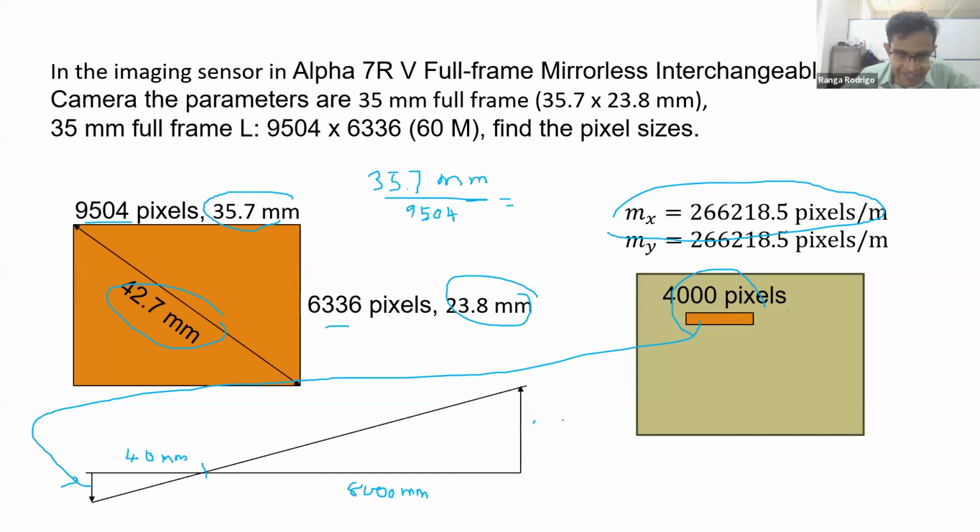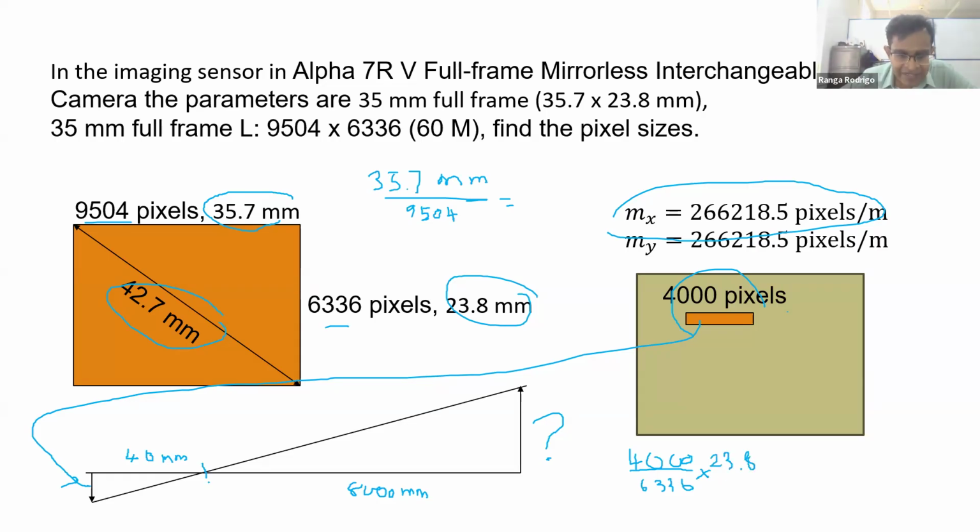What is the size in the scene? So the 4,000 pixels, you have to convert to millimeters, right? And then apply this. So divide by 6,336 times 23.8 millimeters.